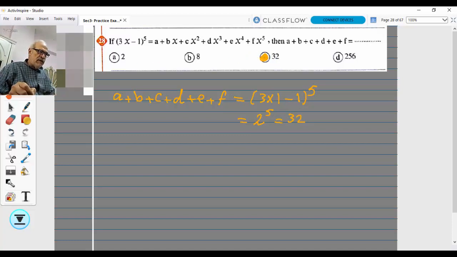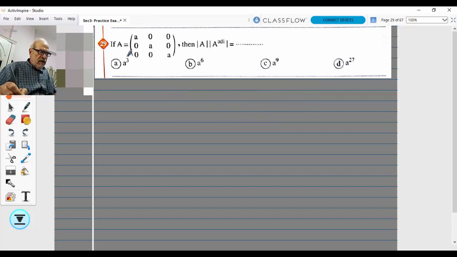Question number 29. If A equals the matrix A 0 0, 0 A 0, 0 0 A, then determinant of A multiply determinant of A adjoint equals.